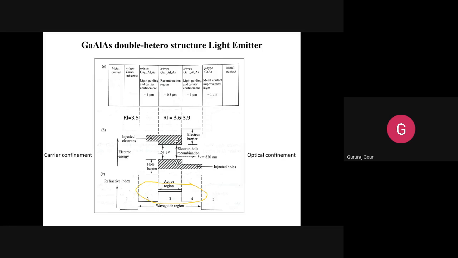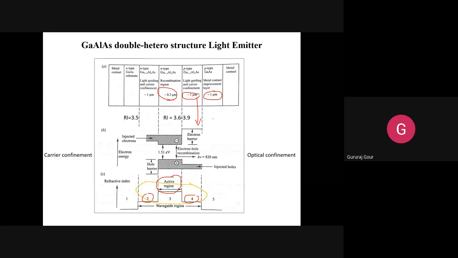Regions 2 and 4 are acting like a cladding, and the third one, called the active region where recombination is happening, is similar to the core. Its region will be kept very small compared to the cladding region. These things make us enter into the operational parts.